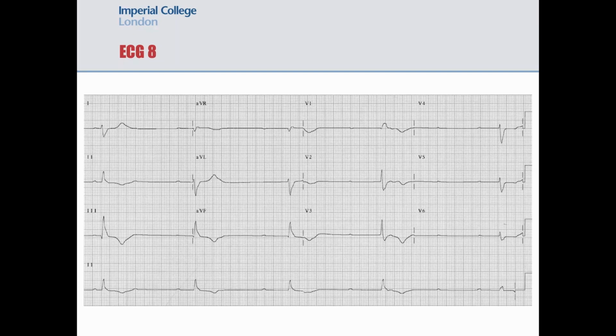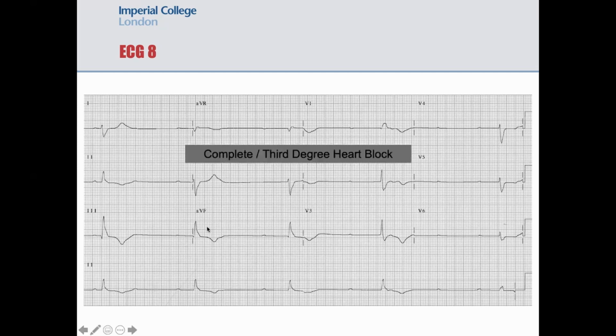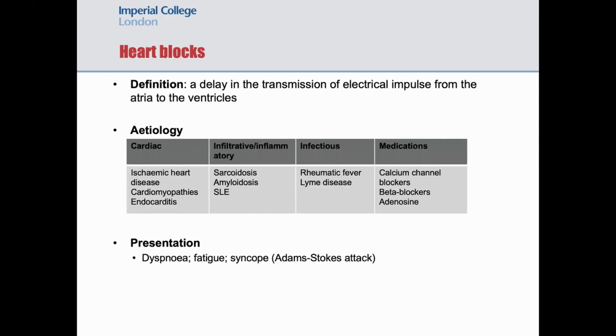The ventricular complexes are also wide, so usually when you see extreme bradycardia as well as wide complex QRS with random P waves, you can be pretty confident that it is a complete heart block. Okay, so now we're going to talk a bit about the different types of heart blocks.